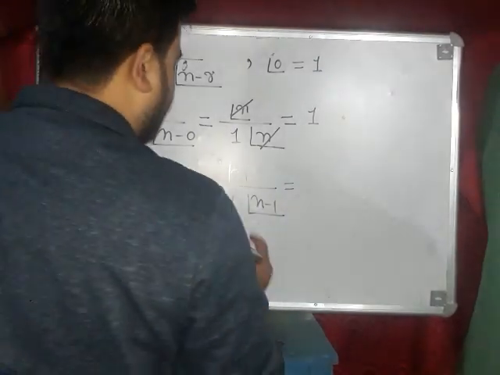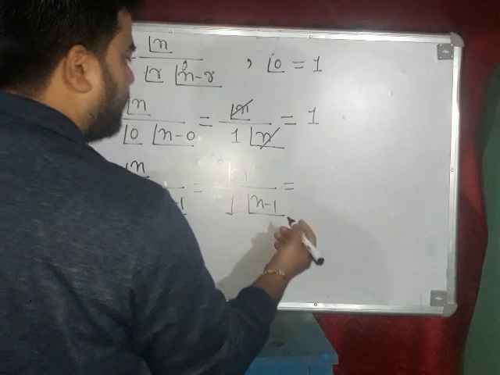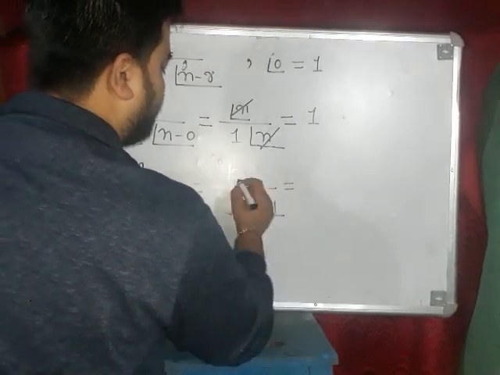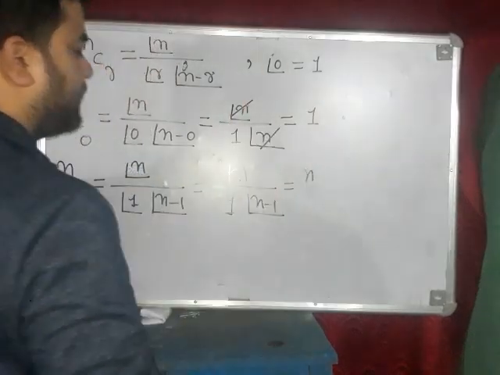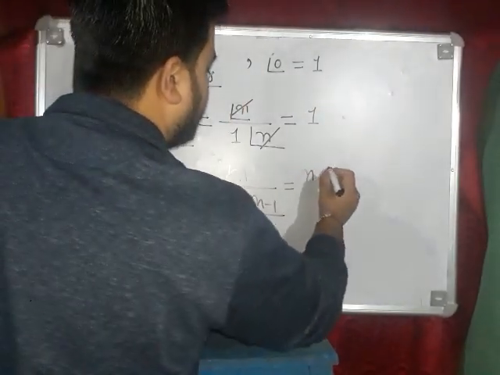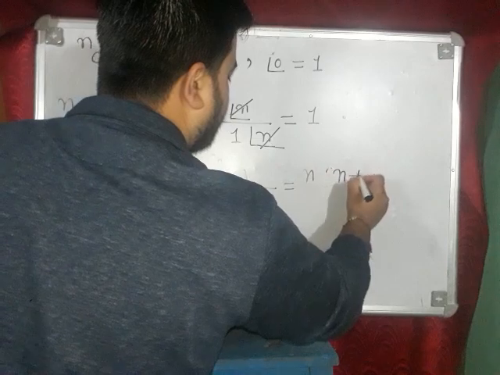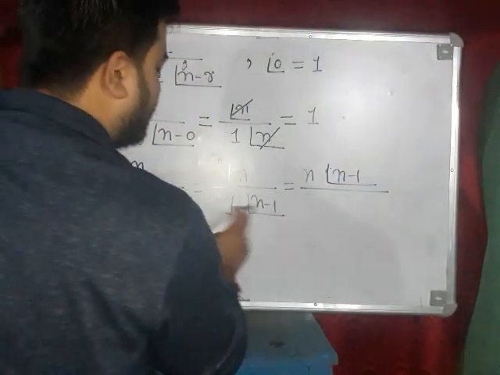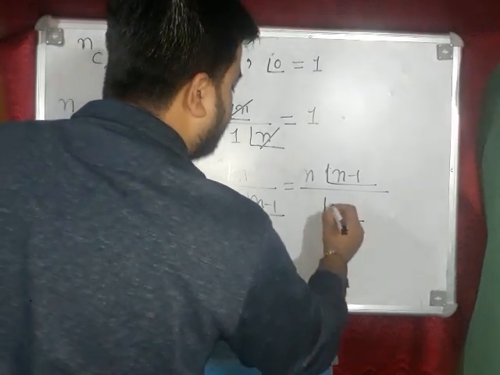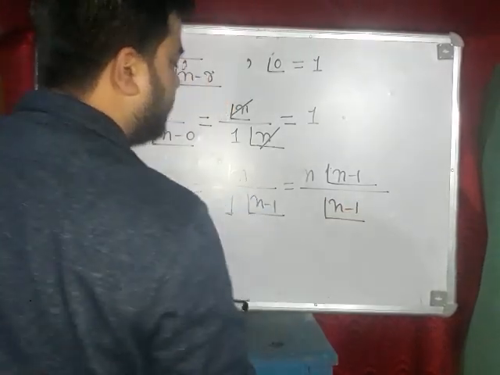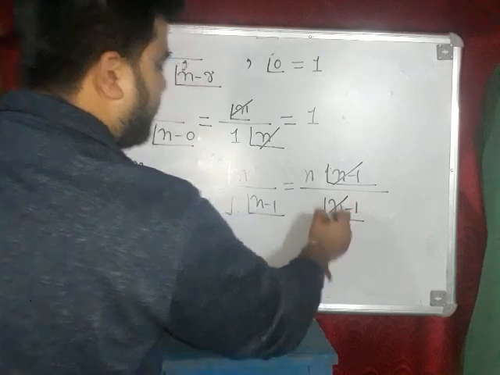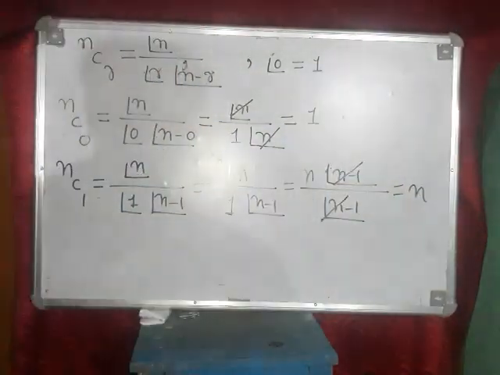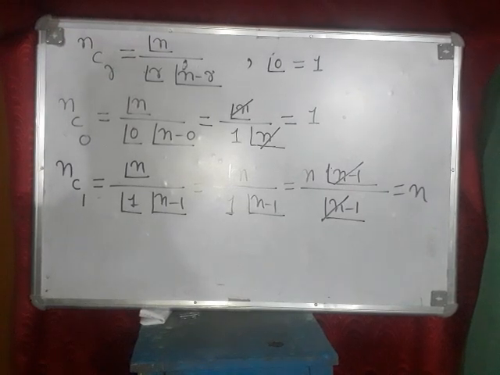Then we expand factorial n, starting from n, one less n minus 1. I am breaking here, so I apply factorial n minus 1. Cancel out factorial n minus 1 with factorial n minus 1. The value of nC1 comes to n.